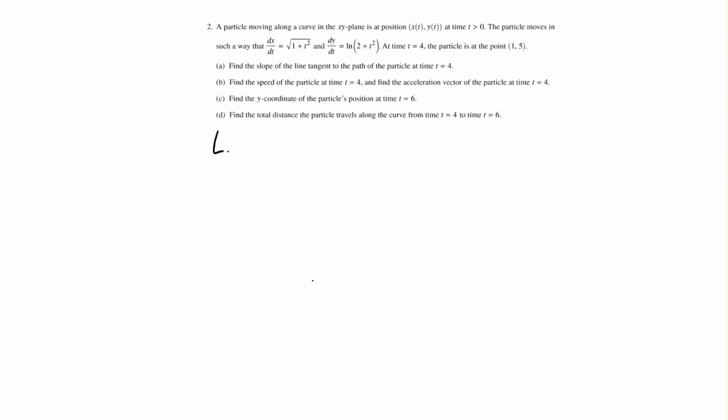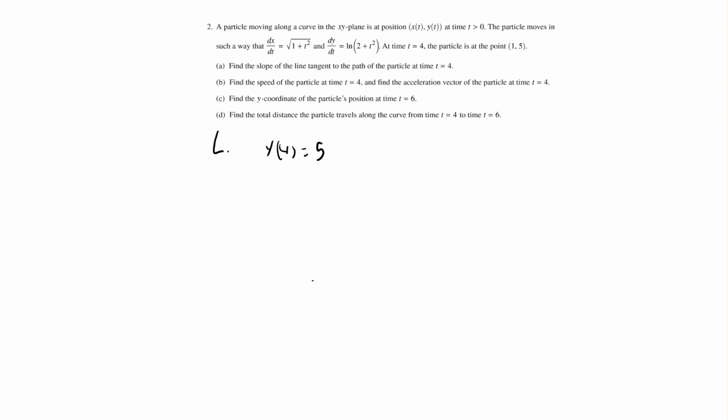Part C says to find the y-coordinate of the particle's position at time t equals 6. And at the beginning of the problem, we get the initial condition that at time t equals 4, the particle is at the point (1, 5), so we know that y of 4 equals 5.